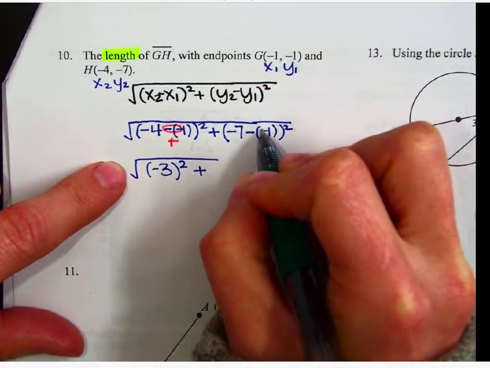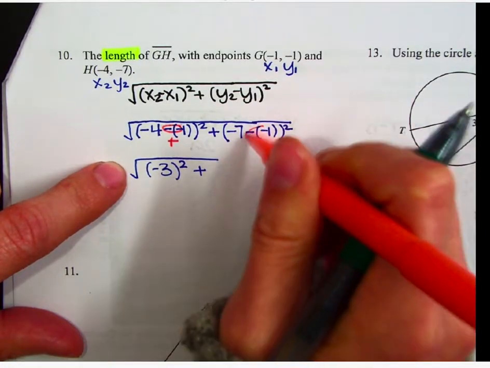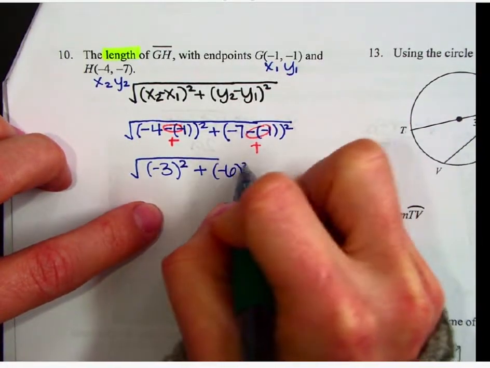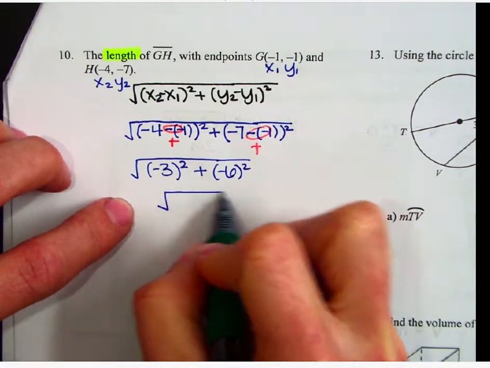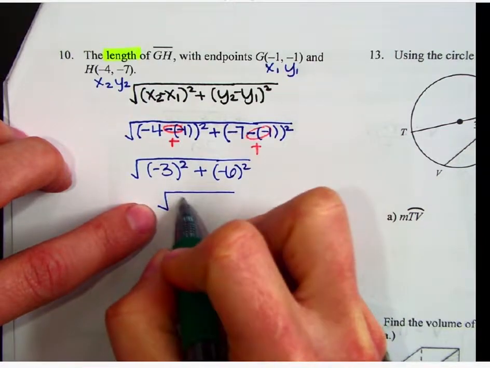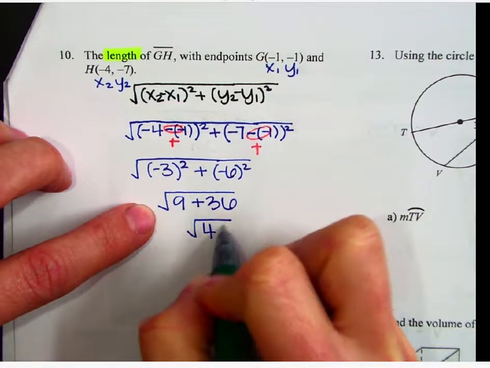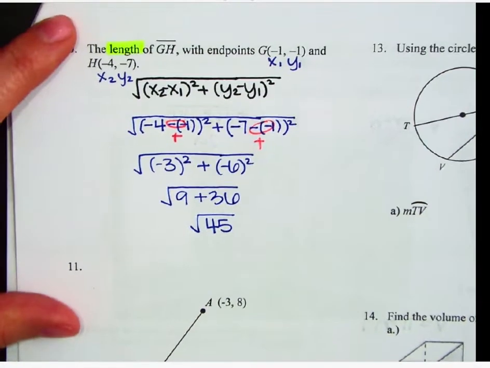And then again, same thing happens here. This is -7 plus 1. That's -6. So then when I square each of these numbers, -3 squared is 9, -6 squared is 36, and 9 plus 36 is 45.